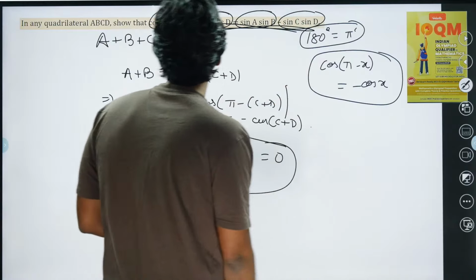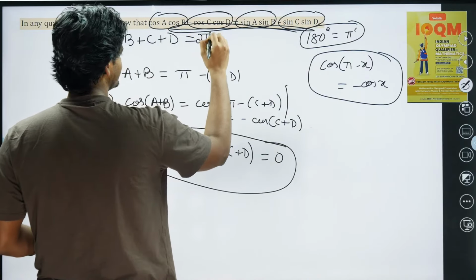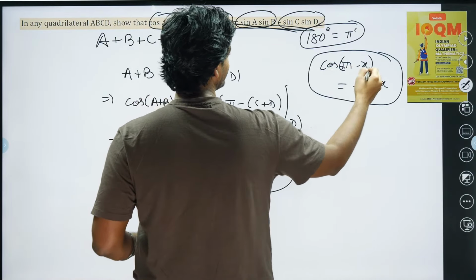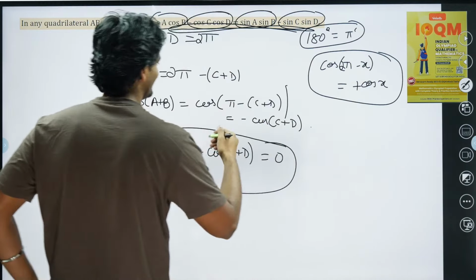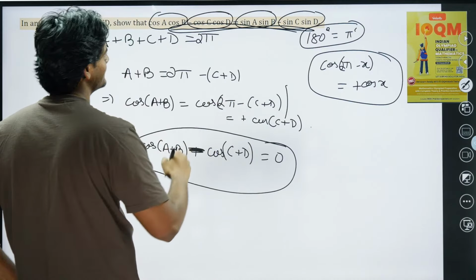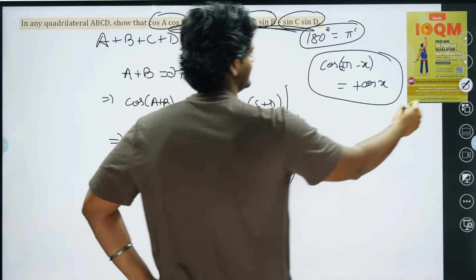Oh yeah. Whoa. This is 2 pi, this is 2 pi. Correct. So 2 pi minus cos theta is, oh, plus cos theta. Okay, good. This is plus.